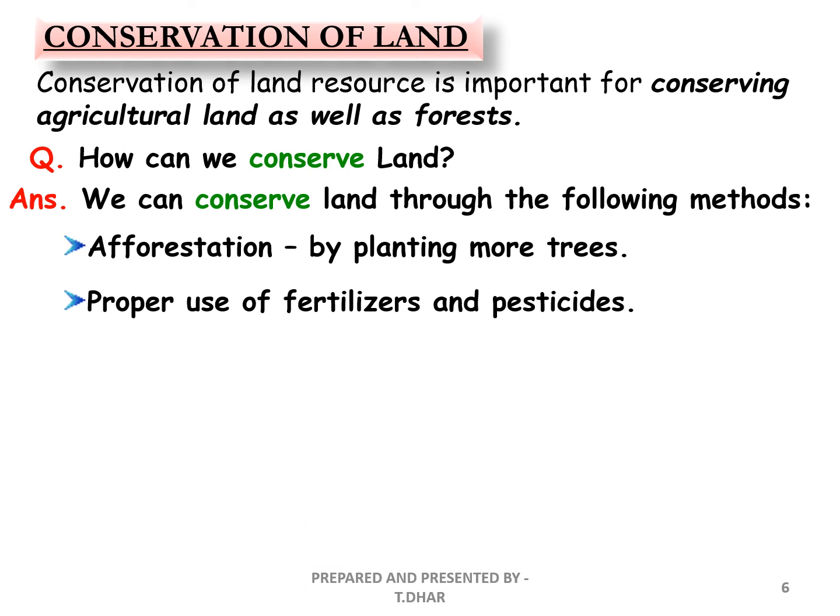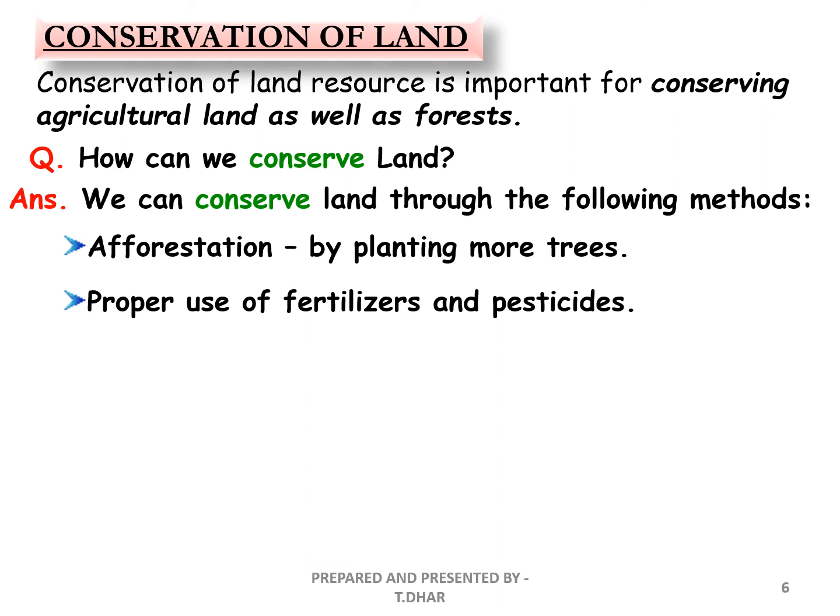So when we use fertilizers and pesticides in farming, in agriculture, if we use them at a very extensive rate, or more than the recommended amount, then it spoils the quality of the land, and it induces various poisonous chemicals into the land, which is harmful for the land, and in the future the growth of crops will be lesser due to excessive use of fertilizers and pesticides.